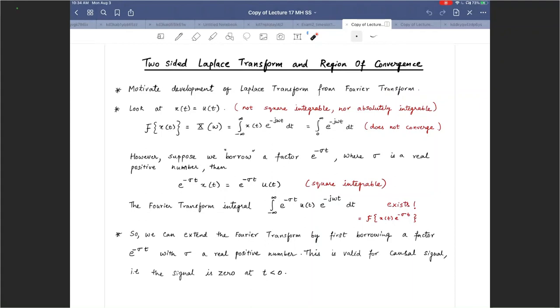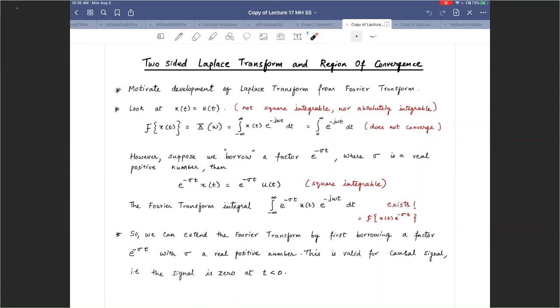So in order to do that, let us take a look at a very simple example, the signal u of t. So you have a unit step signal over here, which is not square integrable. In fact, it's not even absolutely integrable, which means that if you take the absolute value of the signal, square it and integrate it for all time, you will not get a finite value.